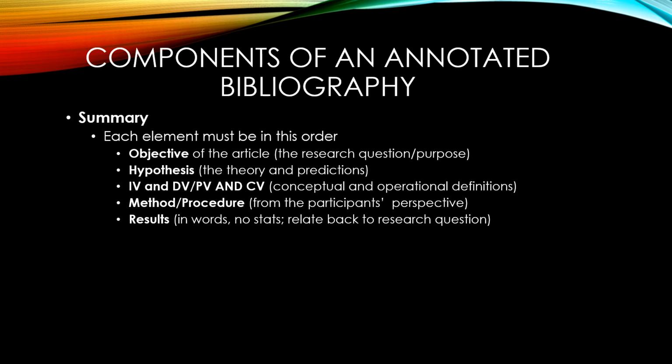I'm just describing, in just a few sentences, what the results of the study are. So really, you should be spending a lot more time talking about the study objective, the hypothesis, the variables, and the method than the results. Ideally, the results part should only be a couple of sentences.